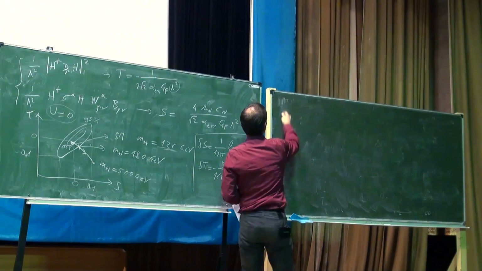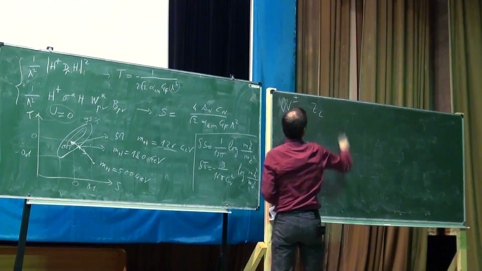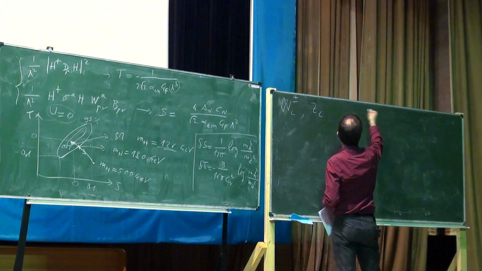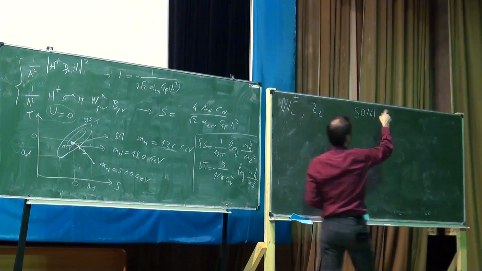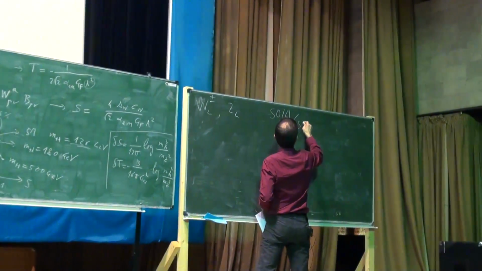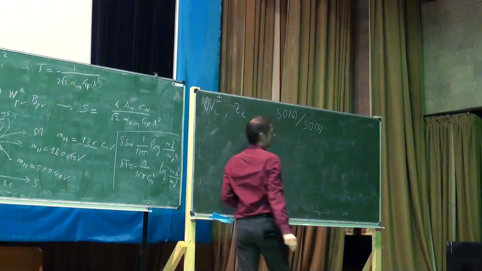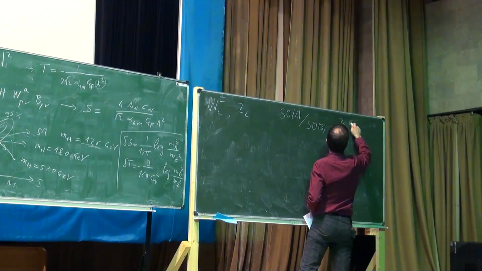You could see the longitudinal polarization of the W and the Z as a Goldstone boson associated to the breaking of SO4, or if you want SU2 left plus SU2 right, broken down to the SU2 diagonal, which is SO3. So we have seen that this gives you exactly 3 Goldstones.